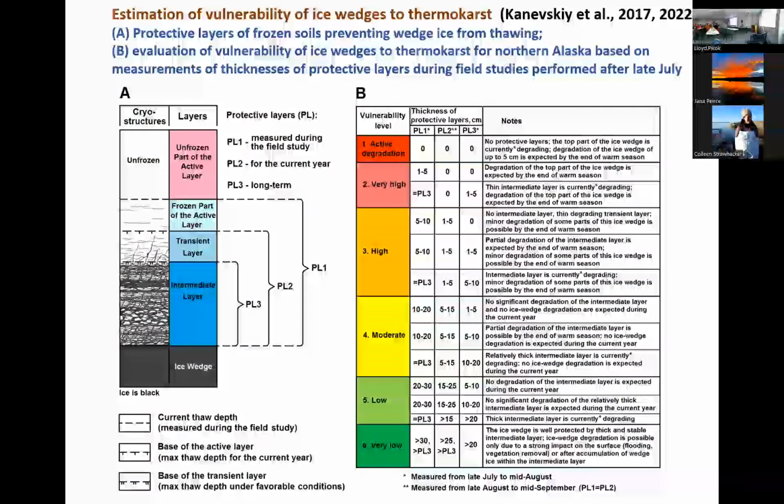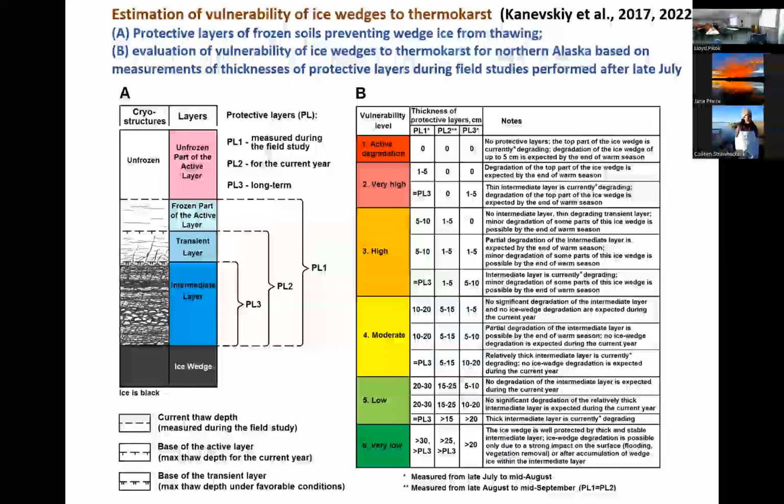We developed a method of estimating the vulnerability of ice wedges to thermokarst. It's based on measuring the thickness of soil layers above ice wedges.